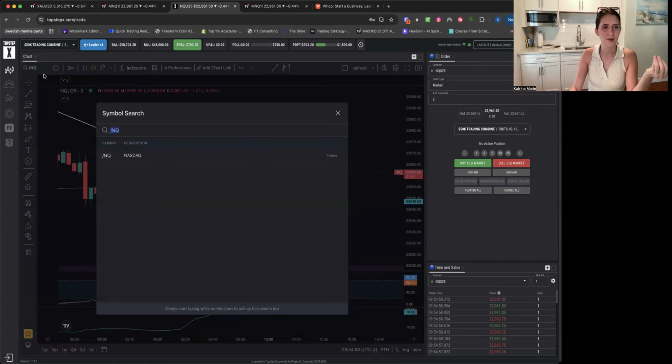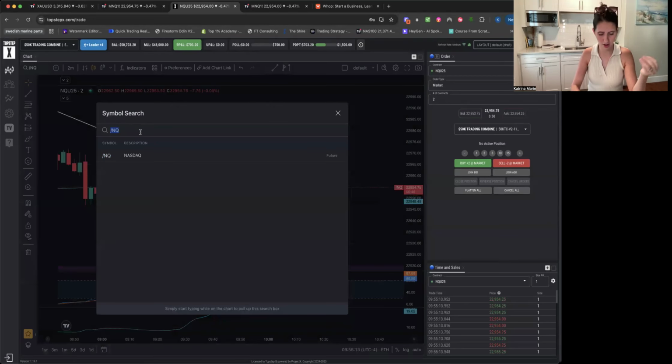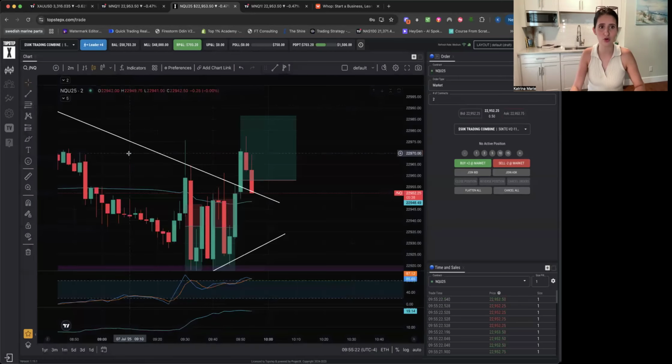Right here, we have the NQ on TopStep X and the micro NQ. I'm on NQ. If you want to go to NQ, just use one contract. And the MNQ is right here. And honestly, you go to ChatGPT, ChatGPT will actually tell you what contract sizing to use.